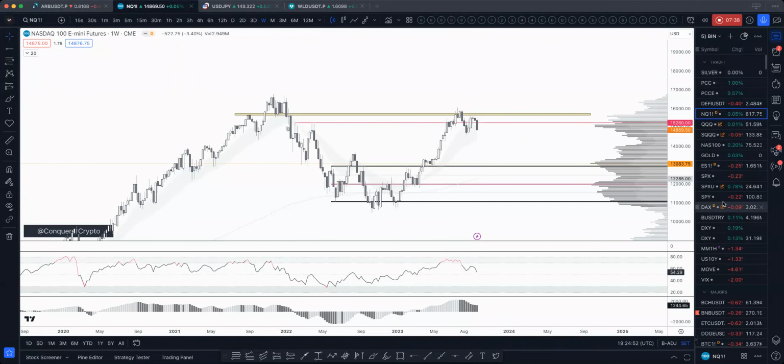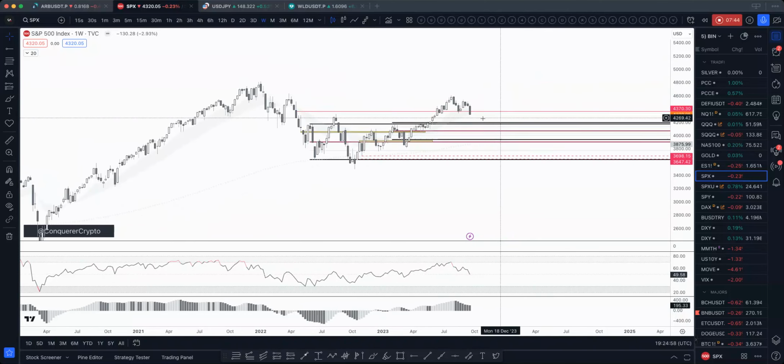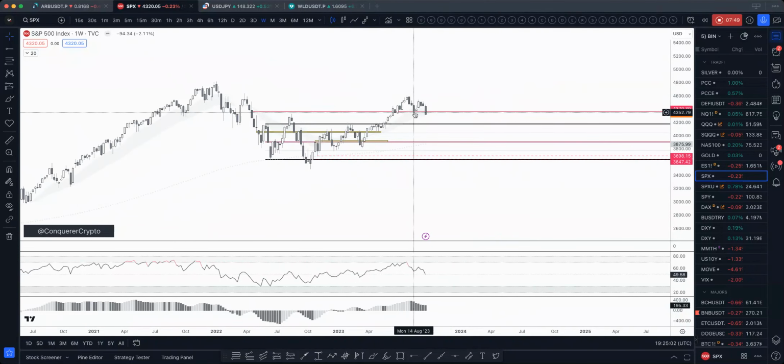And pretty much, this guy is even looking worse, right? This already broke the weekly structure here. It just came up here, printed the high, and then low, and then a lower high, and now it's printing a lower low.